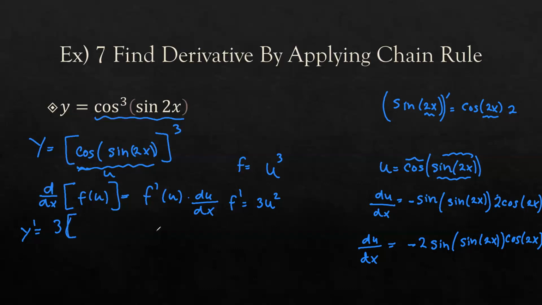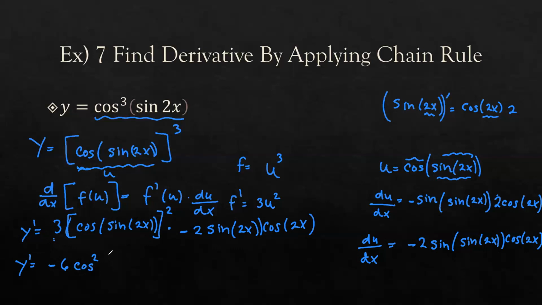If you want, you could put brackets, because u is cosine of sine of 2x, and then square that whole thing, times du dx, which is negative 2 sine 2x cosine of 2x. And then if you want to put it all together, you could combine the coefficients. So 3 times negative 2 is negative 6.